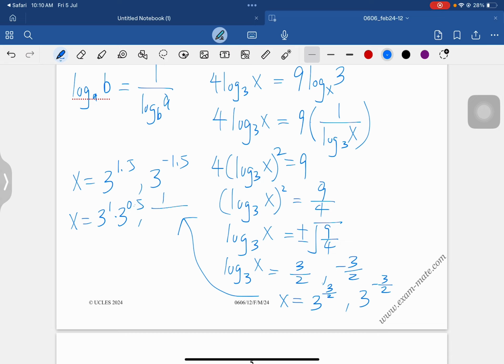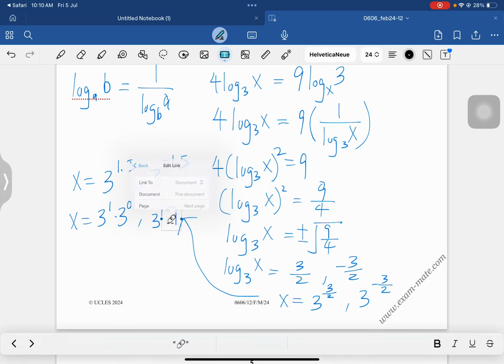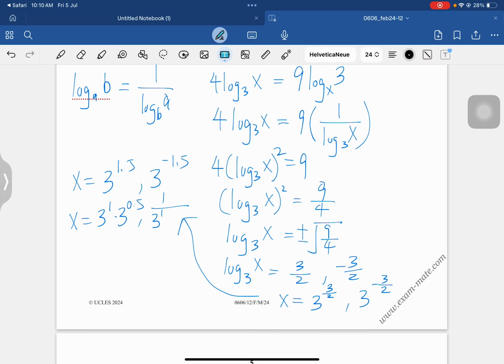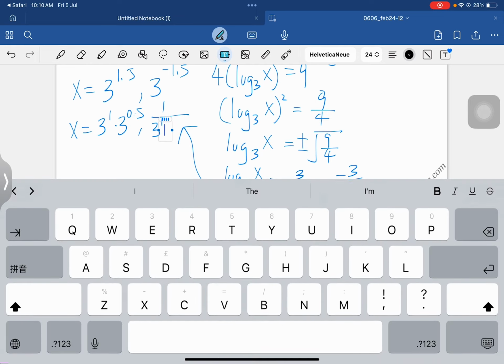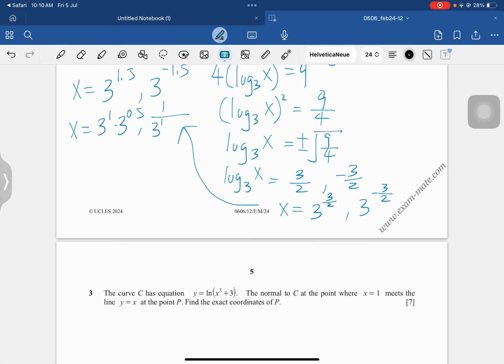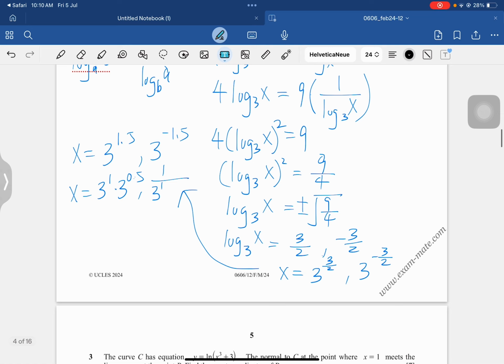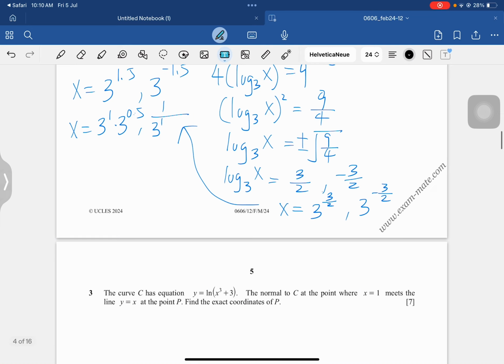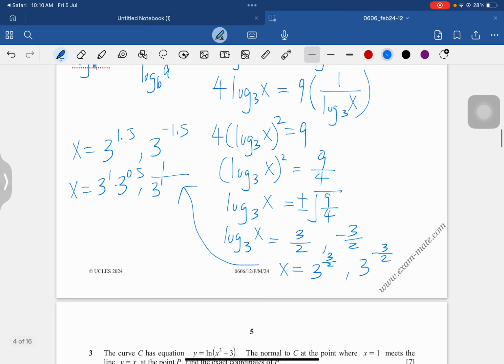And this one is 1 over 3 to the power 1 times 3 to the power 0.5.